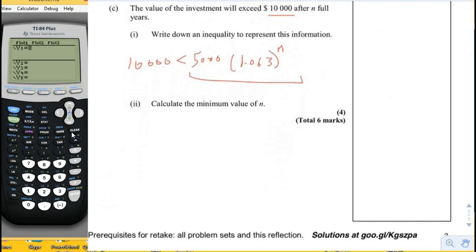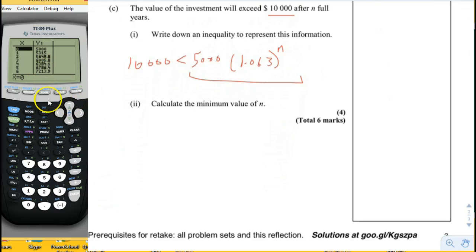The equation is 5,000 times 1.063 to the x. We put the x instead of the n, because the calculator doesn't do variable n. Oh, and I need to adjust the step size here. Plus 1. Okay, because we're only interested in integer values of n.